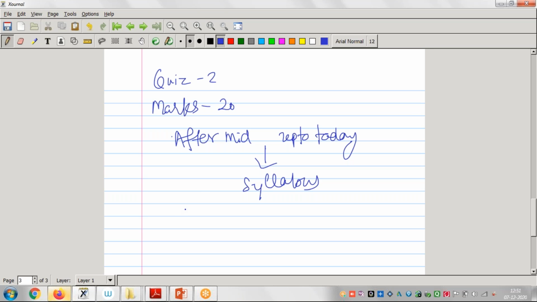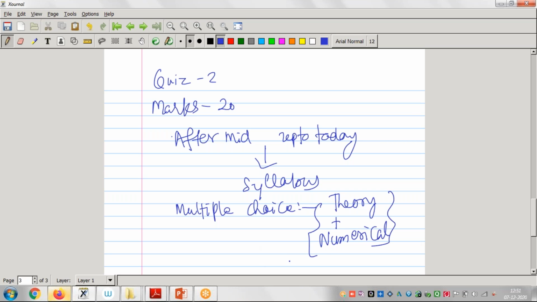Multiple choice will be there. There may be theory plus numerical, all with options given to you. And it will be on the Moodle, and the time will be around 1 hour and 20 minutes.